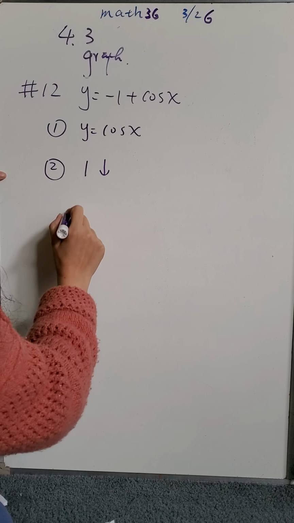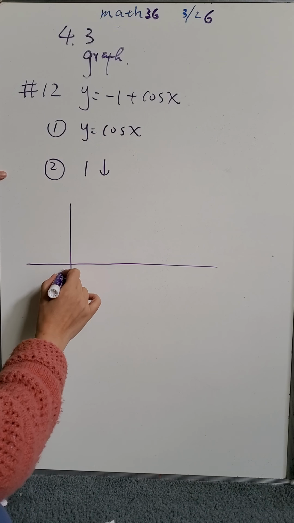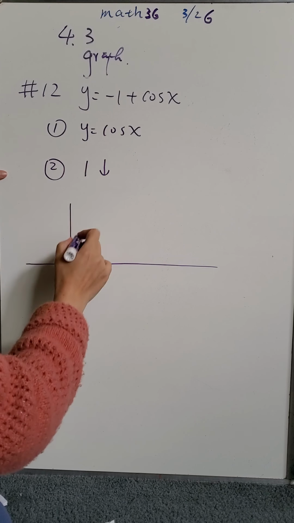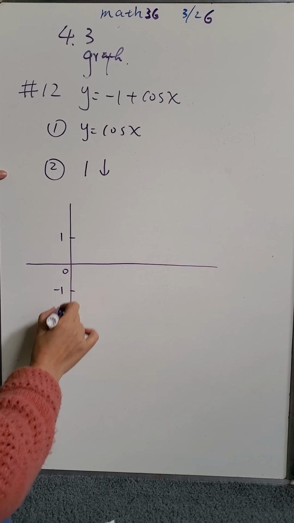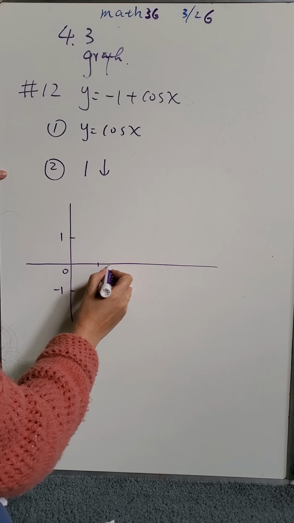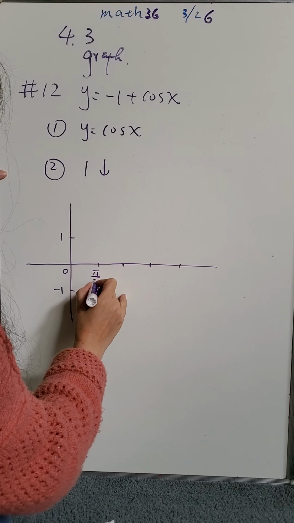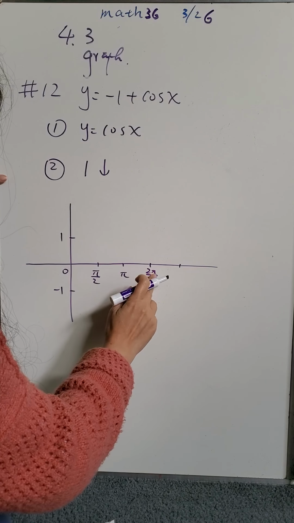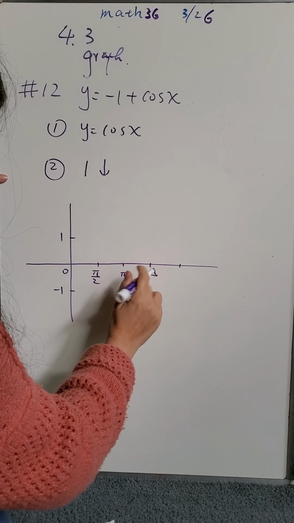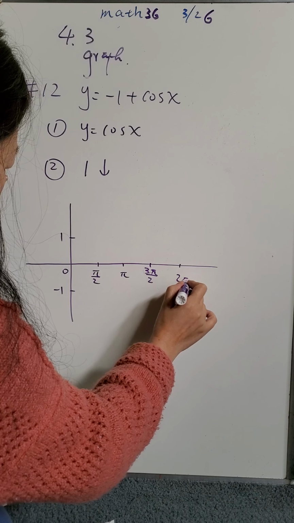So we're going to graph this one first. The amplitude is 1 and negative 1. The period is 1, 2, 3, 4: pi over 2, pi, 3 pi over 2, and then 2 pi.